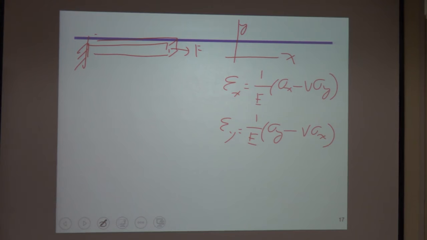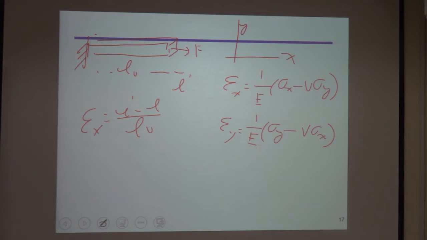So we can calculate the original length L0 and the new length L prime. The elongation divided by the original length equals epsilon x, the strain in the x direction.